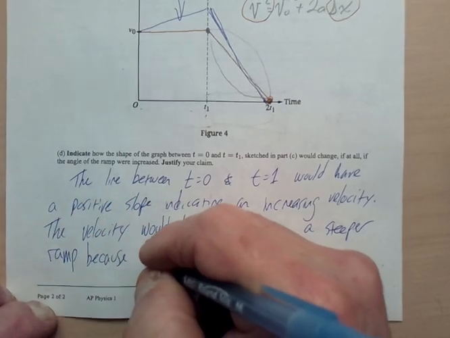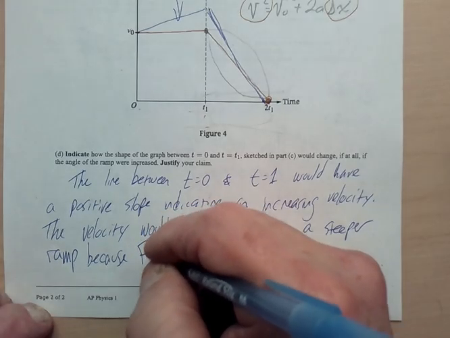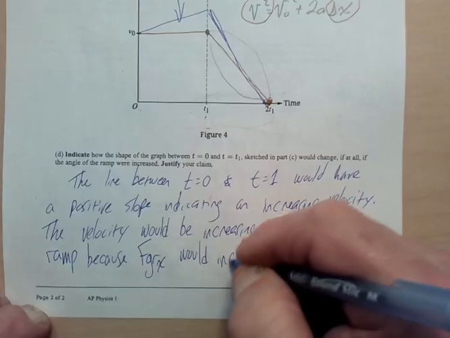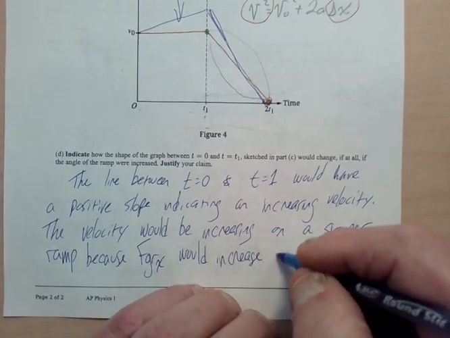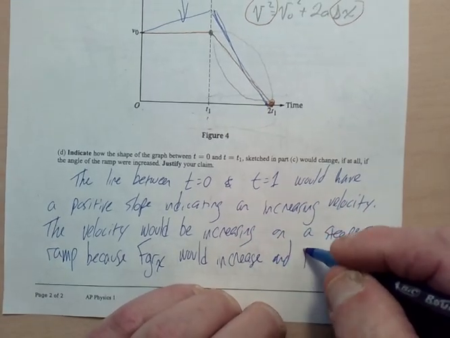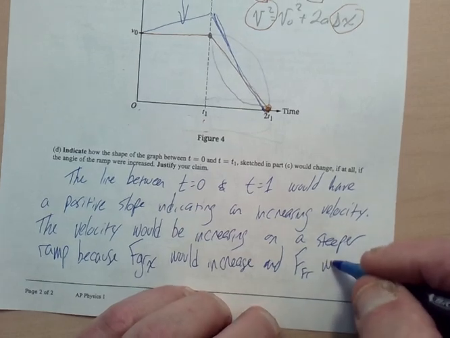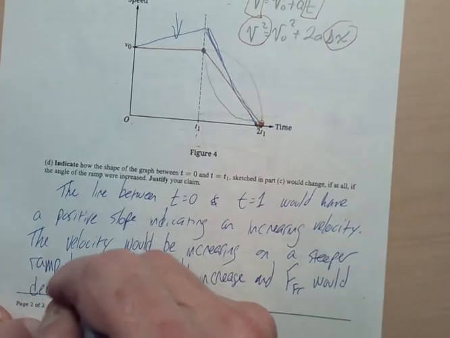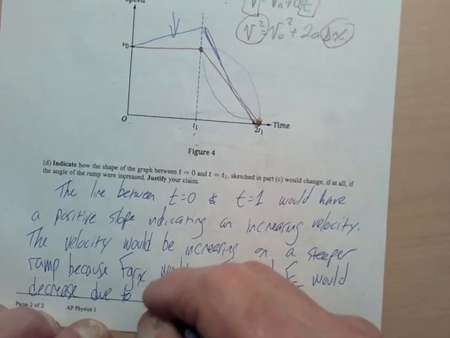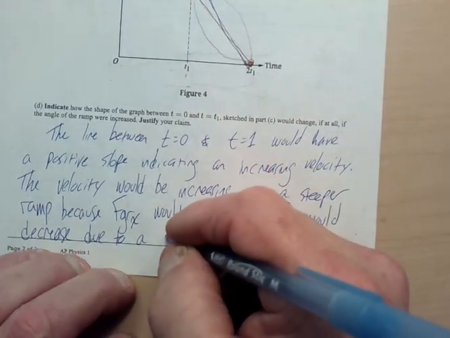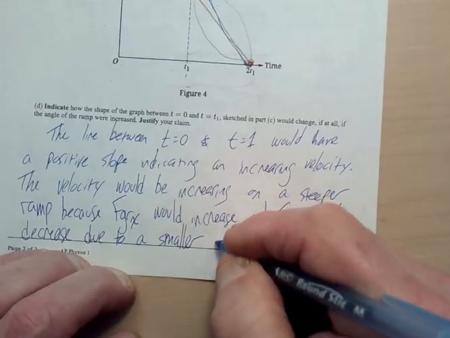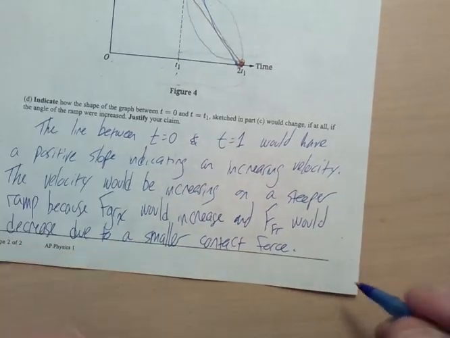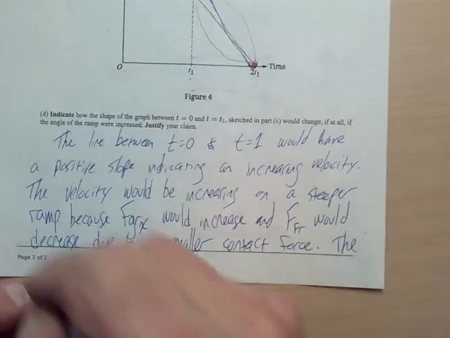Because force gravity on the x-axis would increase, and force friction would decrease due to a smaller normal force. The forces would no longer be in balance.